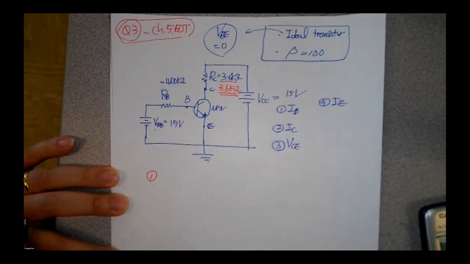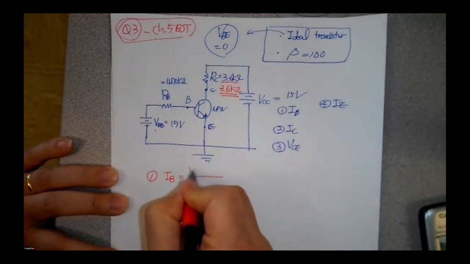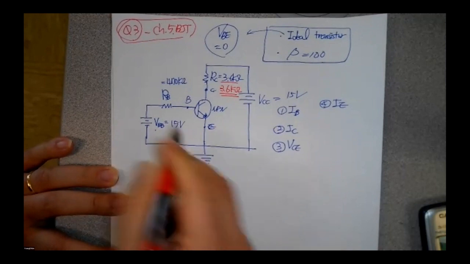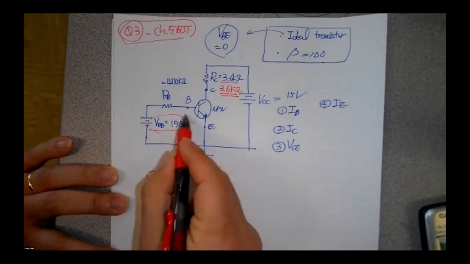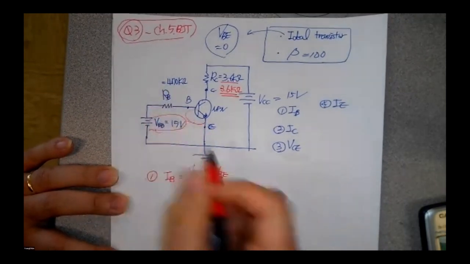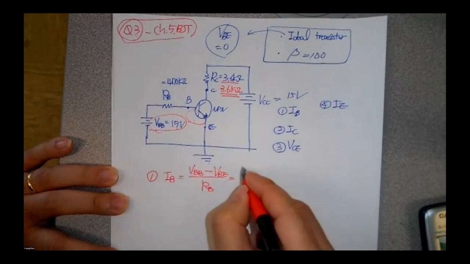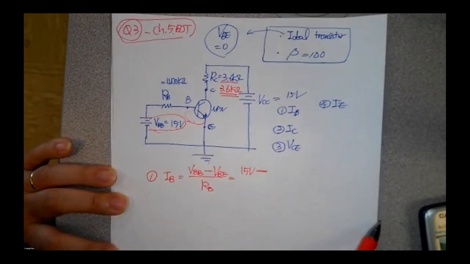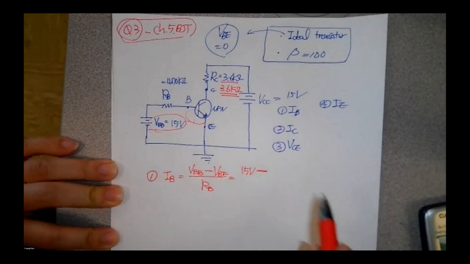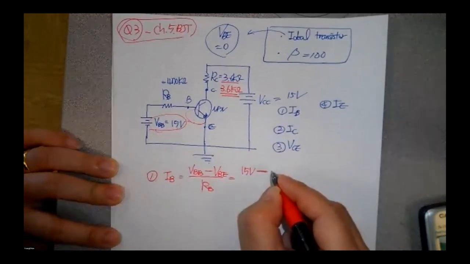All right. So question 1, what is the I sub B? I sub B is V sub BB minus V sub BE, divided by the resistor R sub B. So V sub BB, 15 volt, minus V sub BE, 0.